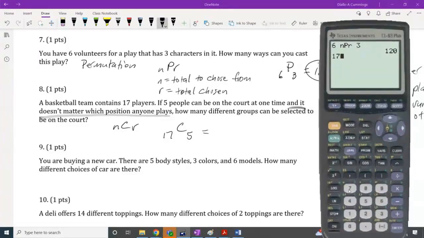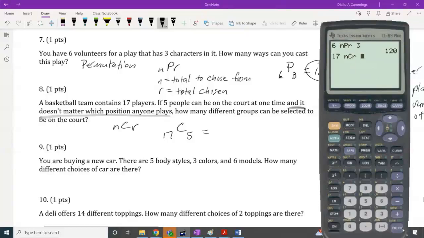So I'm going to put in 17, which is that total number to choose from. I'm going to hit math and scroll over to probability. Math, scroll over to probability, and you want to choose combination, option 3.